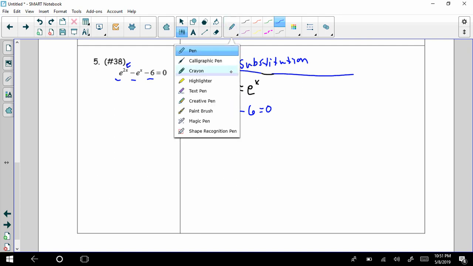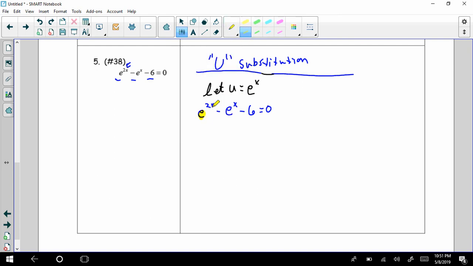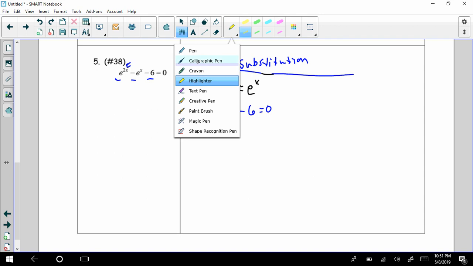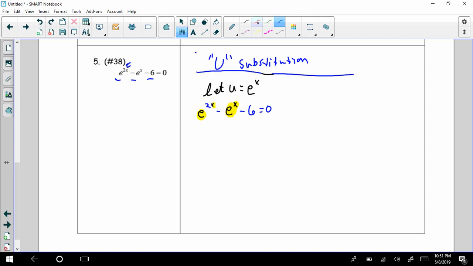We're going to replace e to the x with a u. So u squared, so that 2 just comes down, minus u minus 6 equals 0.